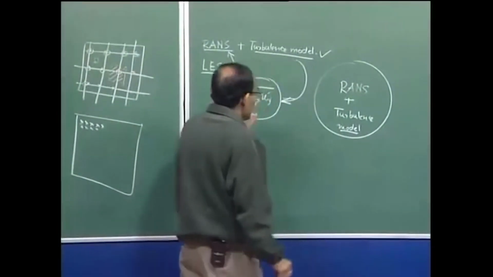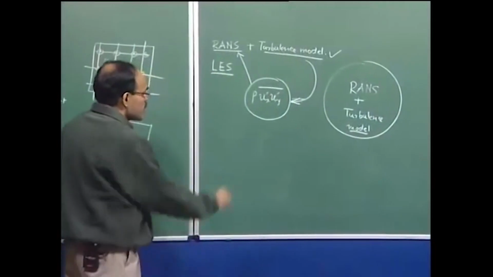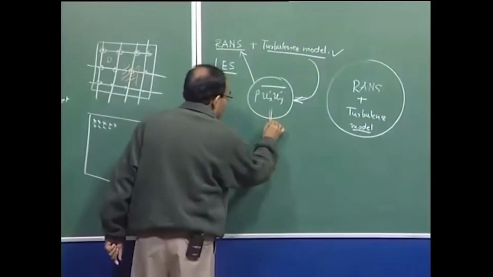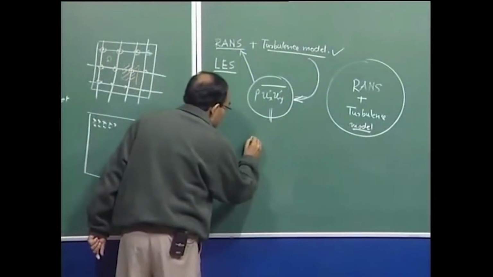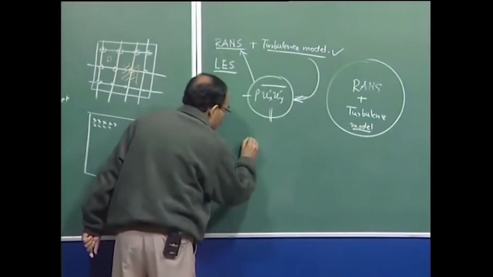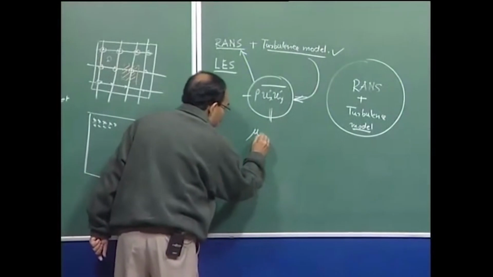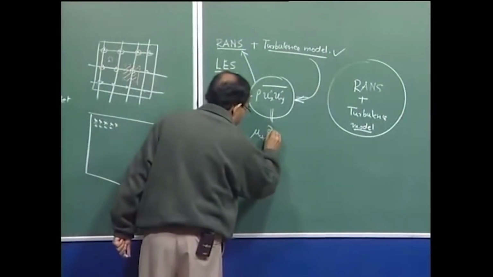One last point that I want to make is that this term, the Reynolds stress term, is essentially formulated, with a minus sign, in terms of the turbulence viscosity and the velocity gradient.